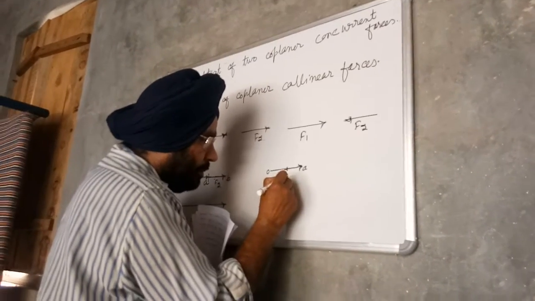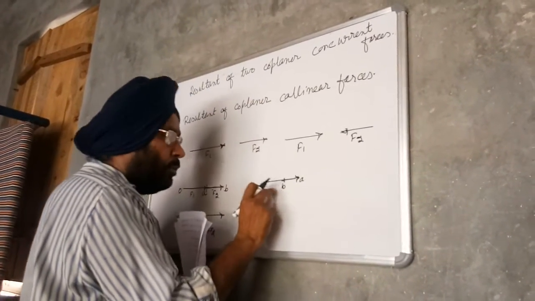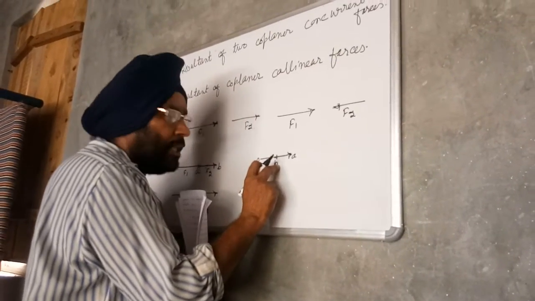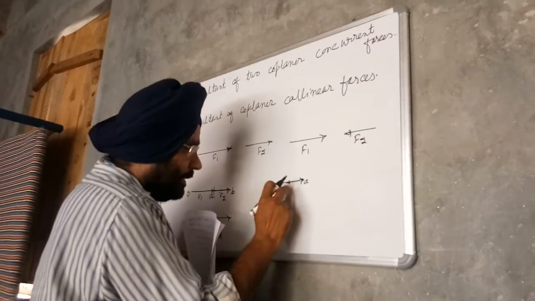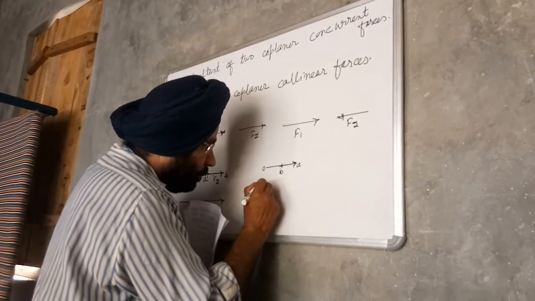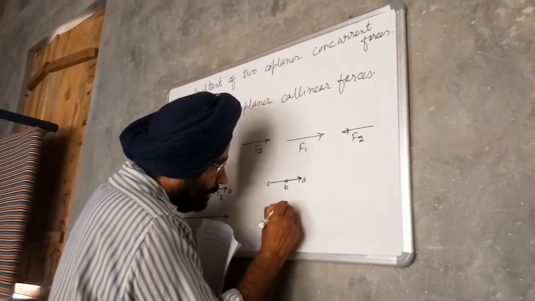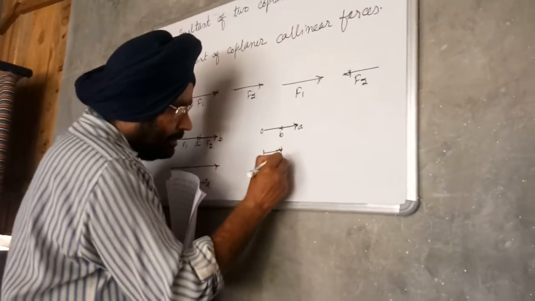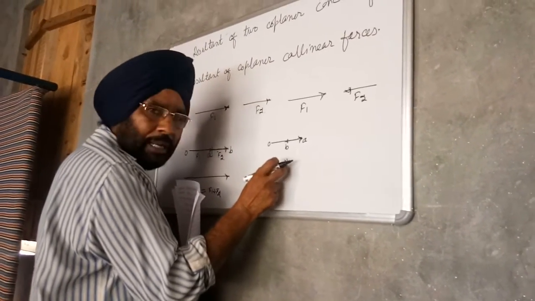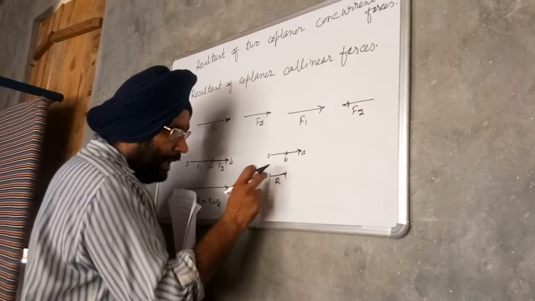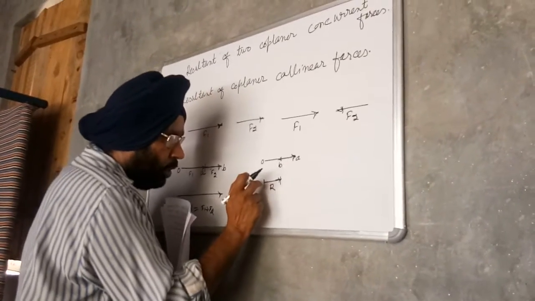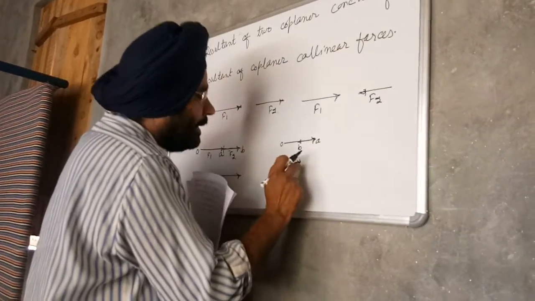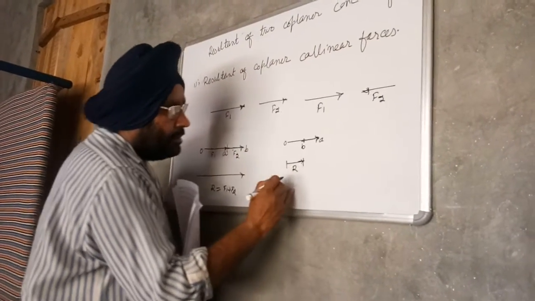Vector AB means from A to B. From O to A is the force F1 and from A to B is the force F2. Then this is the resultant force. The length of this line gives the resultant force R, and the arrowhead from O to B is the direction of the resultant force.